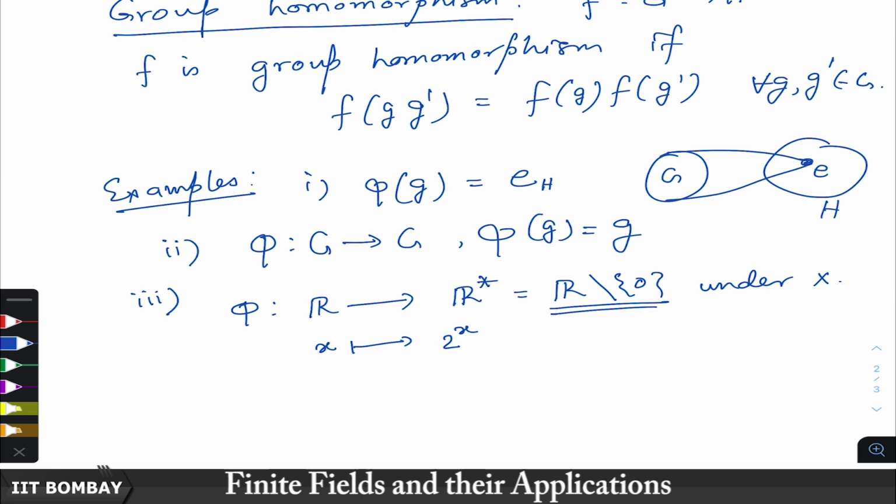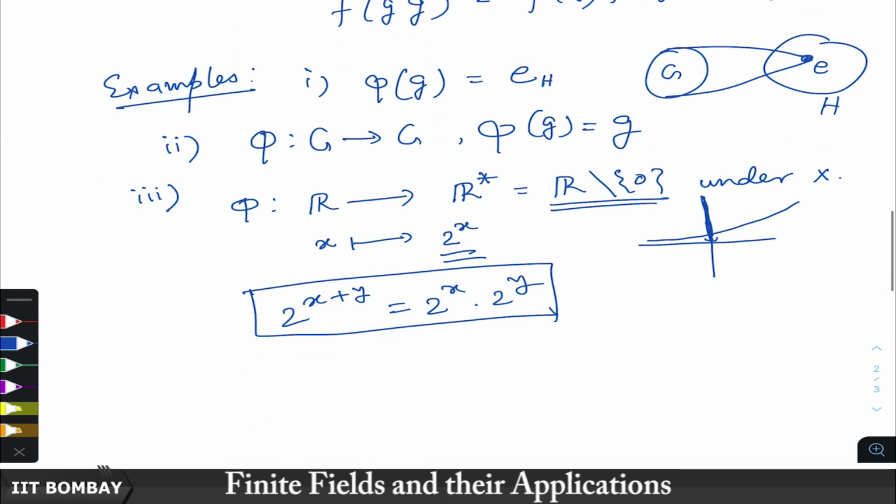What is the image of this map? Clearly, all the positive real numbers are the image of this map, because the graph of this function is like this. So, all these positive real numbers are in the image excluding 0, and one can see that because of the property that 2^(x+y) is the same as 2^x times 2^y, this map is a group homomorphism.